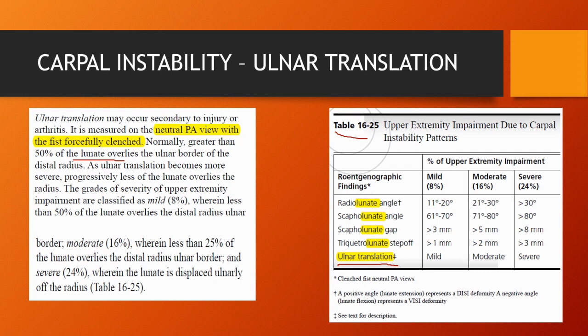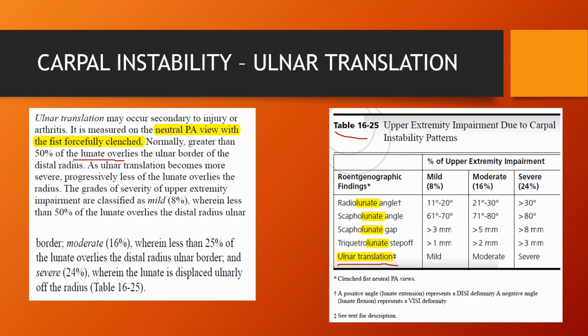And usually greater than 50% of the lunate overlies the ulnar border of the distal radius. As ulnar translation becomes more severe, progressively less and less of the lunate overlies the distal radius bone.